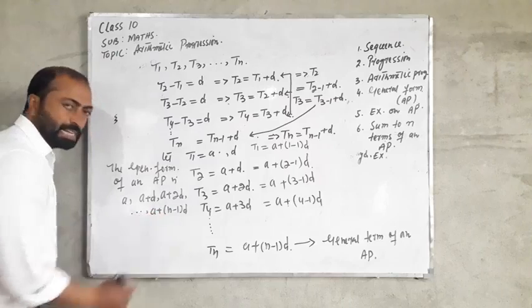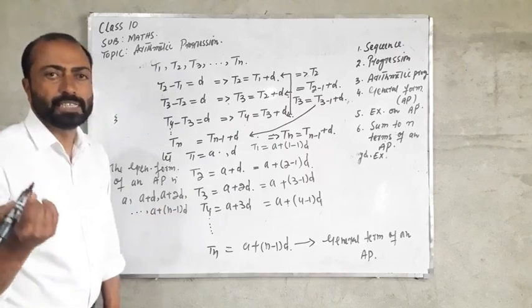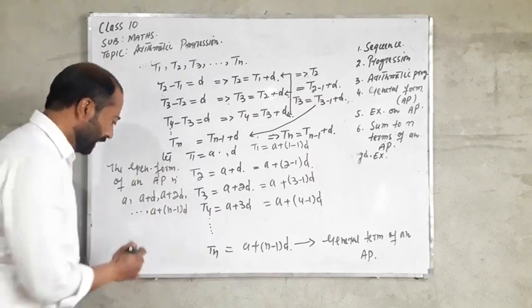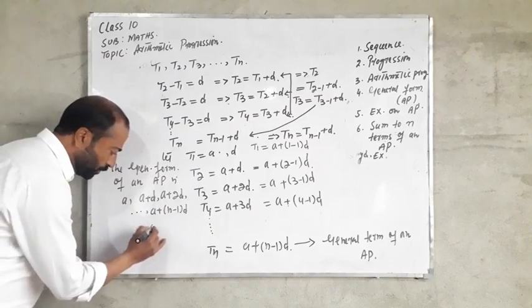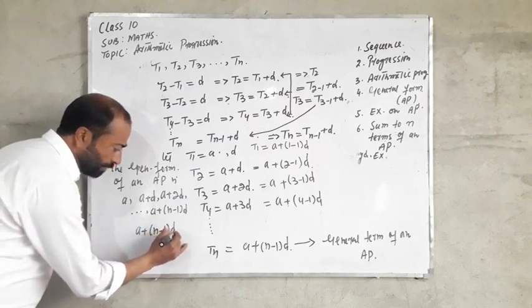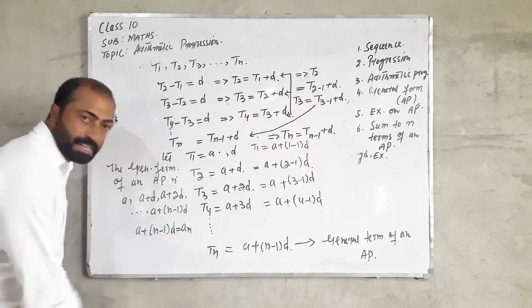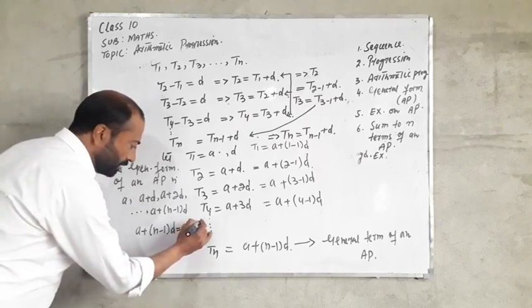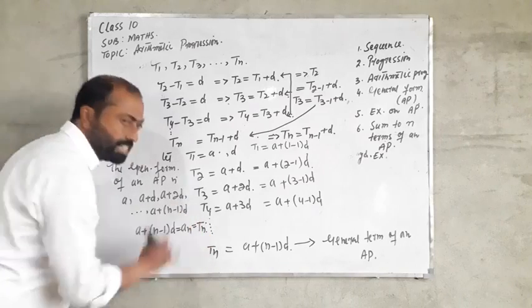This a plus (n minus 1) into d is known as the general term of an AP, and usually we denote this nth term of an AP by either a_n, or we can write this as T_n.